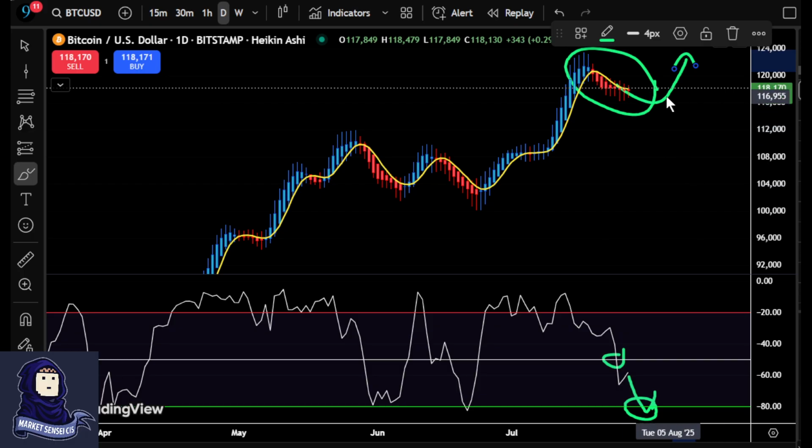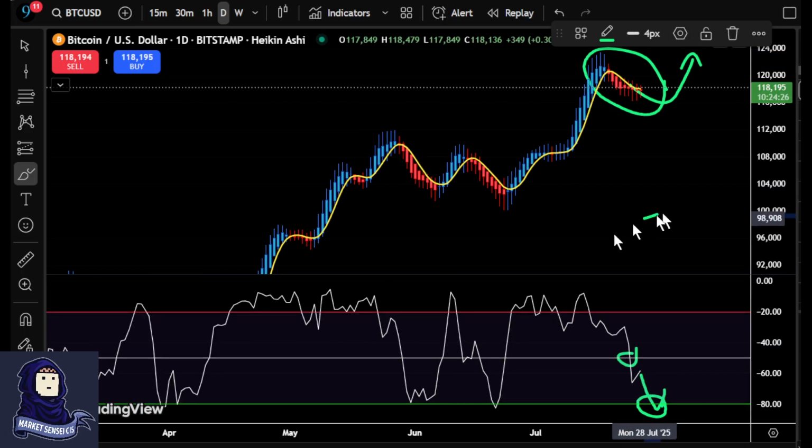It might go down to 115, maybe 115 or 112 might be a good position to buy in. Then buy in and wait for it to go all the way up here, and only exit when there's a break below this red line. So you can try this kind of method.